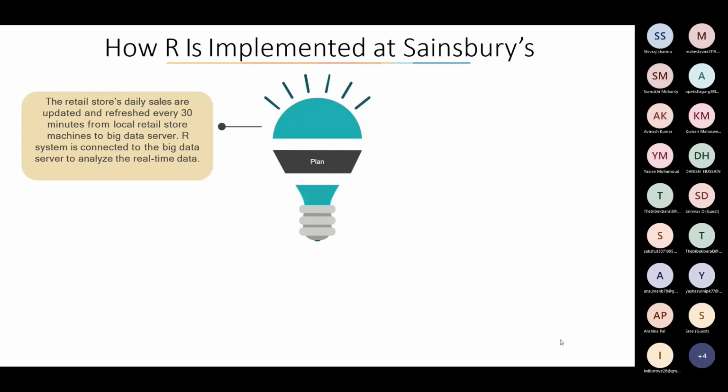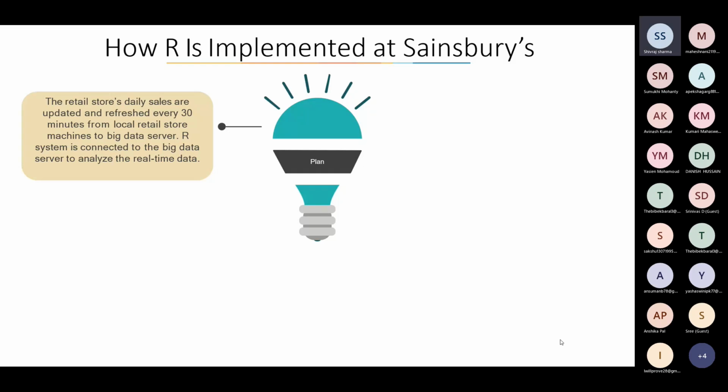So what happened at this point? The data is collecting daily sales. The stores' daily sales are collected in the form of data and refreshed every 30 minutes from local retail store machines to the big data server.